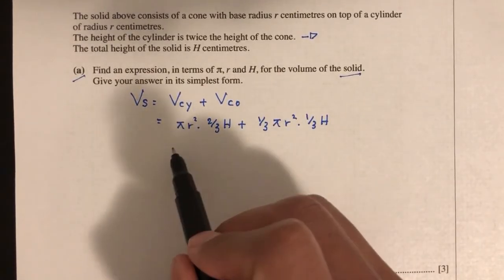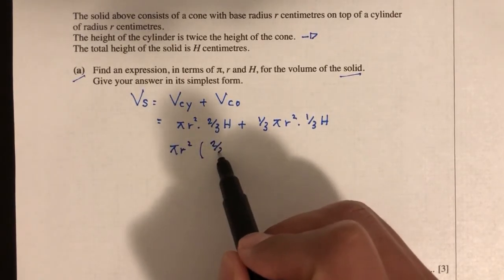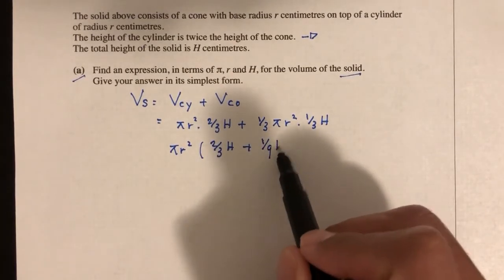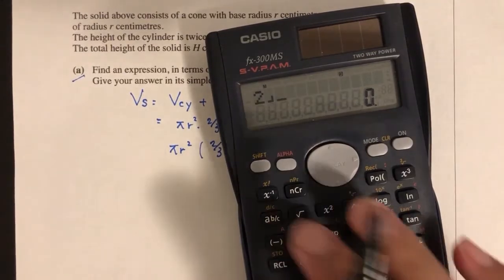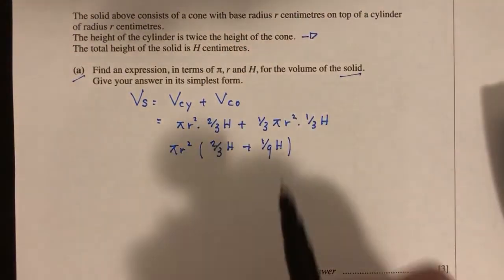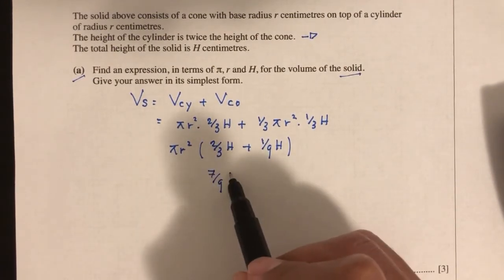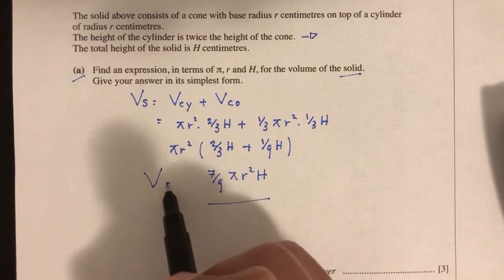Let's take this out. We will have pi r squared times 2 over 3 h plus 1 over 9 h. So simplify 2 over 3 plus 1 over 9. That will be 7 over 9. So we have 7 over 9 pi r squared h for the volume of the solid.